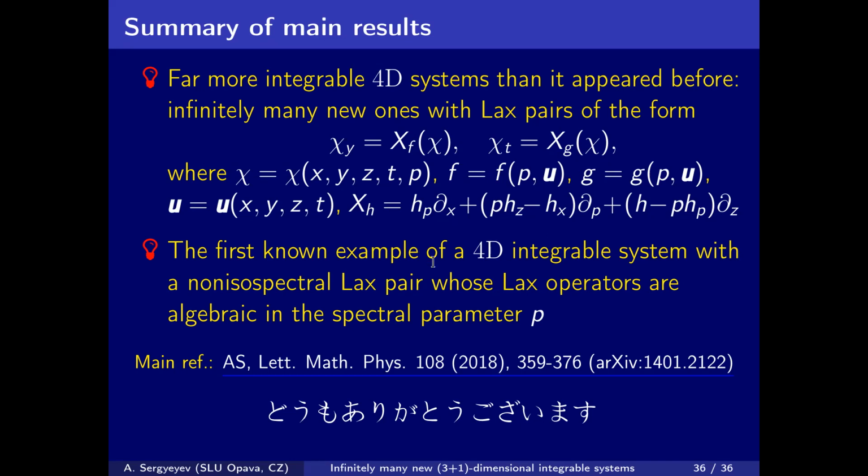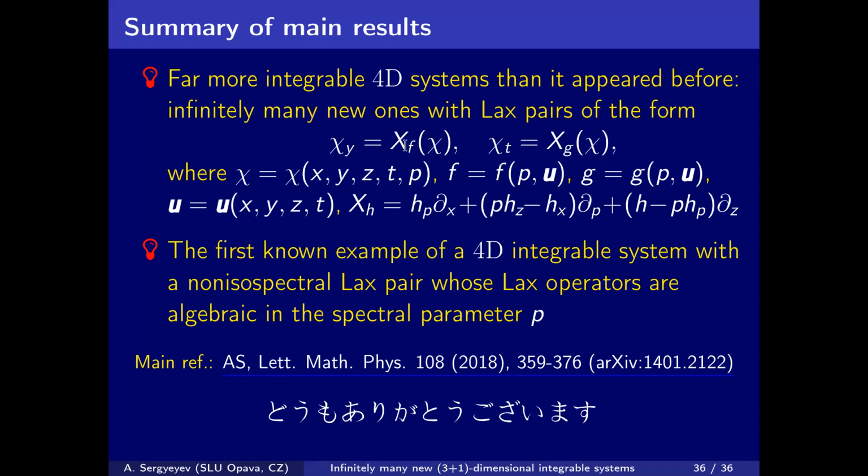A nice thing about this construction is, for one, that it produces infinitely many integrable 4D systems with Lax functions f and g that are either polynomial or rational.